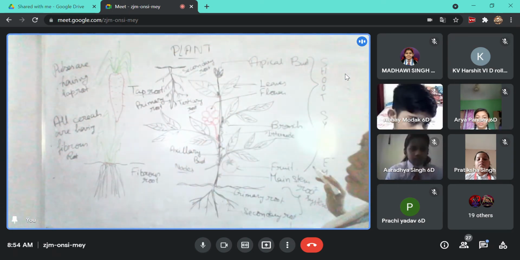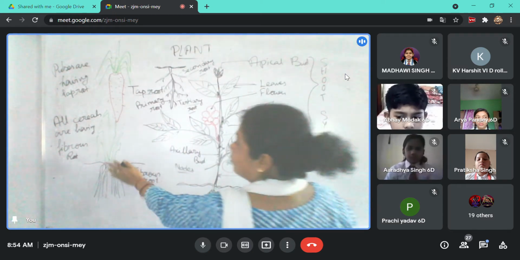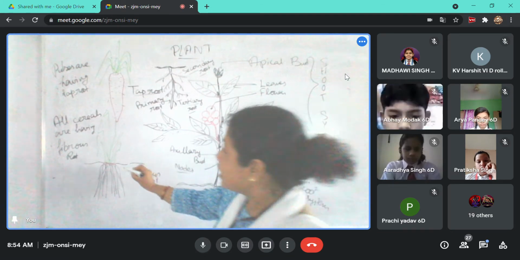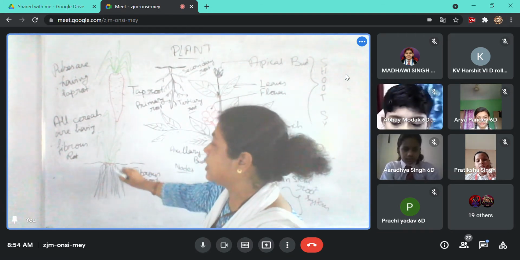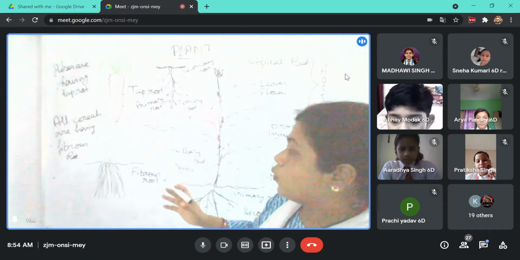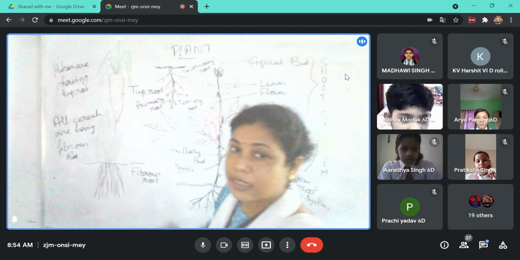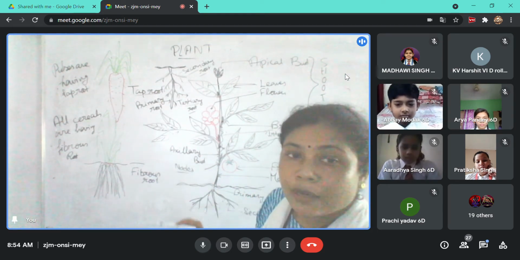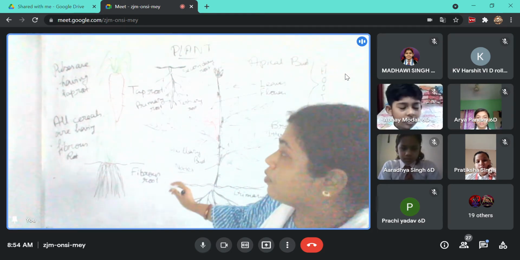So there is another type of root that is also called fibrous root. In this case of fibrous root, you can see similar type of roots, thin roots like a bushy mass, will come out from the base of the stem.